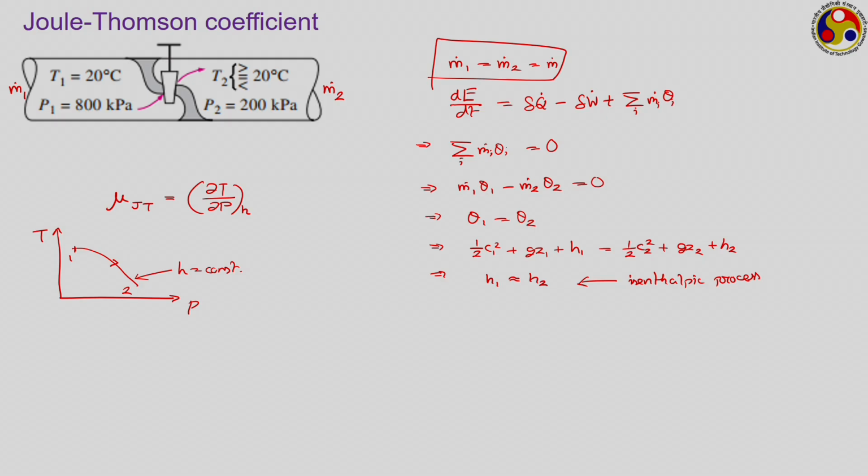Now, during the throttling process, pressure is always decreasing, that is, your dou P is negative. That means, if we are talking about the Joule-Thomson coefficient to be less than 0, what does that mean? We know that during the process pressure is decreasing, then for this coefficient to be negative, temperature has to increase.